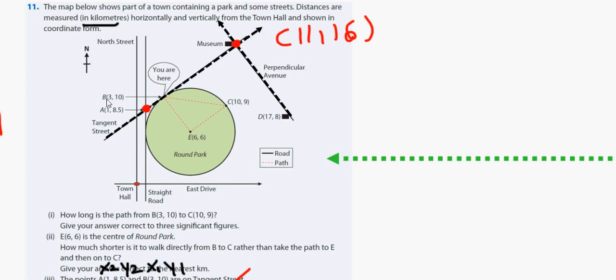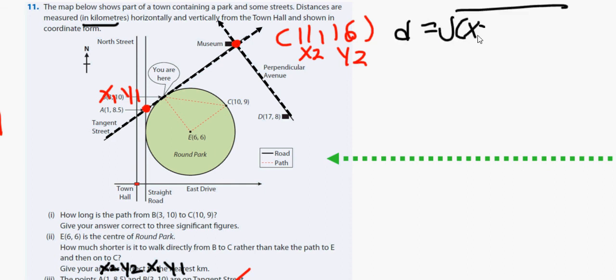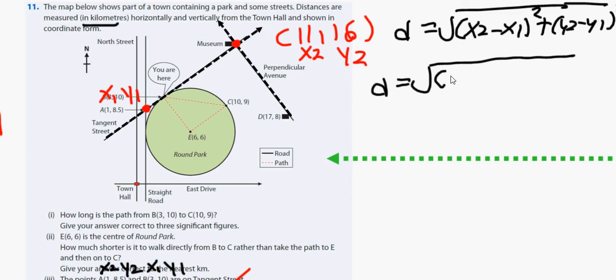We can find out this distance by using our distance equation. So we're going to find the distance between these two dots here. Distance, once again, is the square root of x2 minus x1 squared plus y2 minus y1 squared. So distance therefore equals the square root of 11 minus 1 squared plus y2, which is 16 minus 8.5 squared.